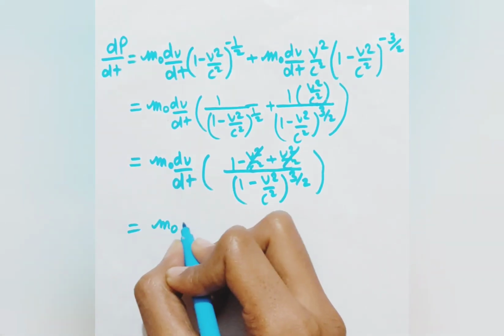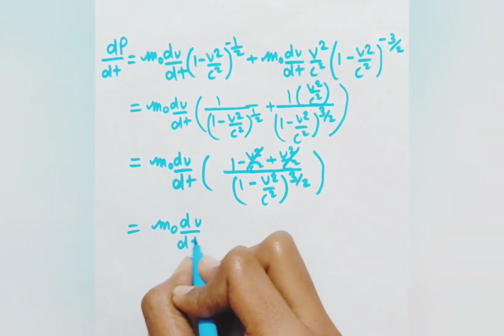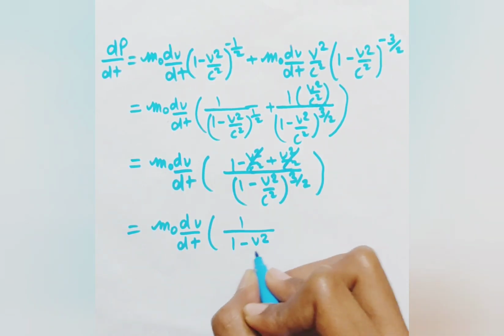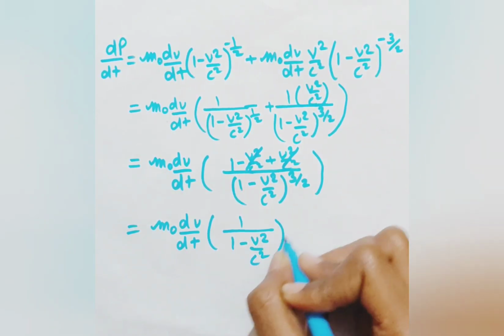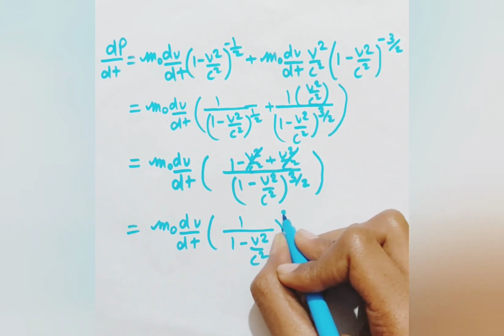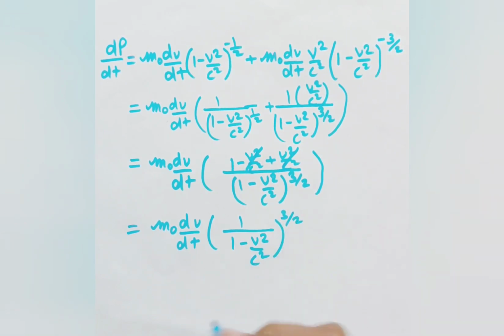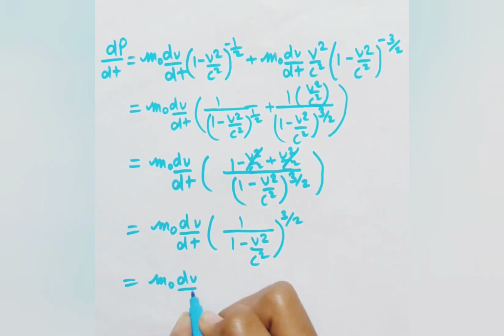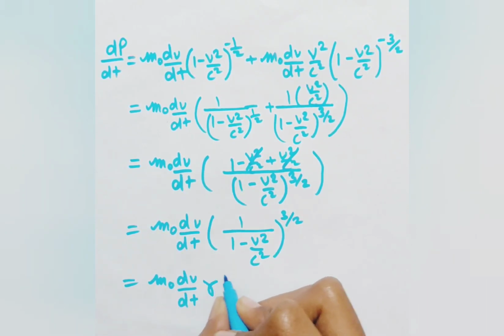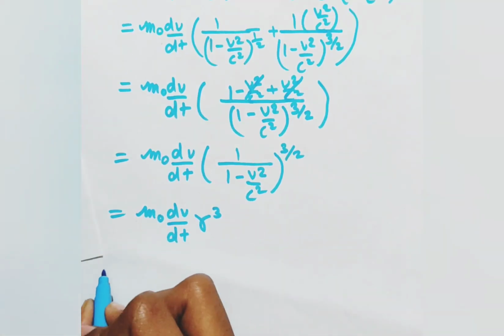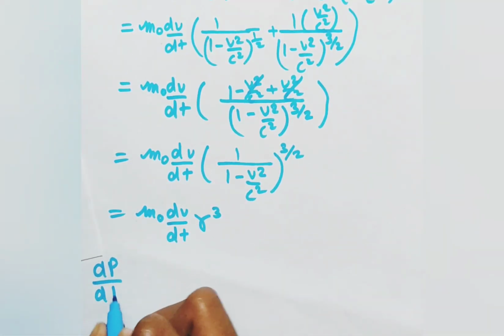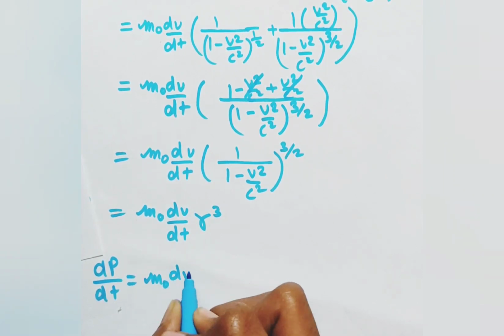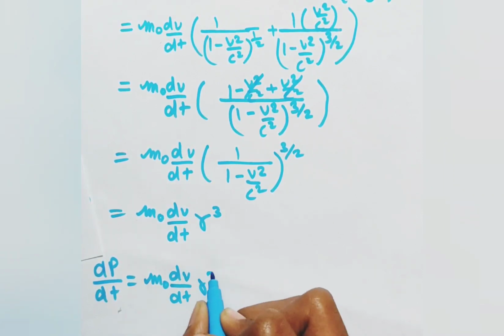So we have m naught dv by dt multiplied by 1 divided by 1 minus v squared over c squared to the power of 3/2. Now this is simply dv by dt times gamma cubed. So dp by dt is equal to m naught times dv by dt times gamma cubed.